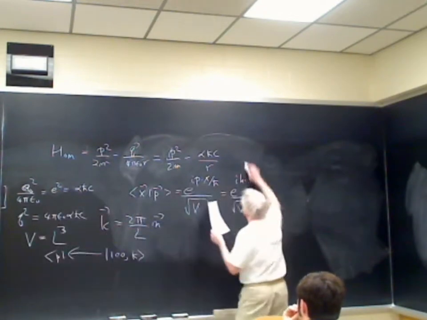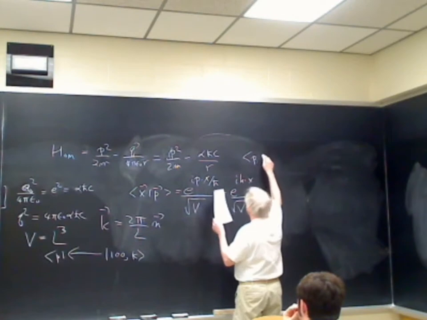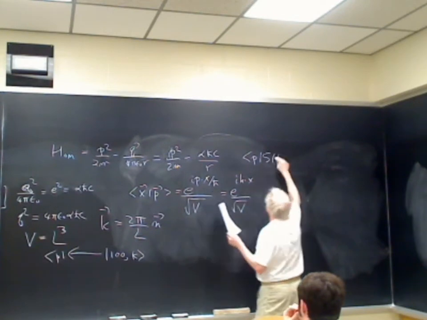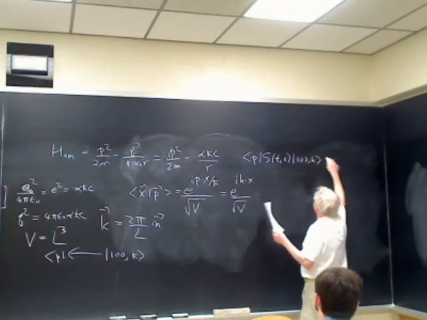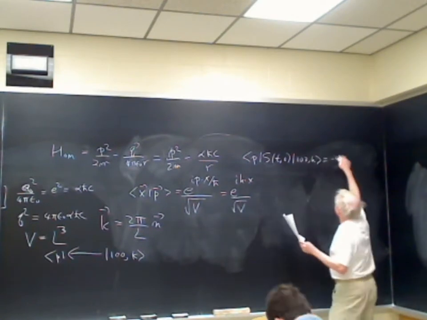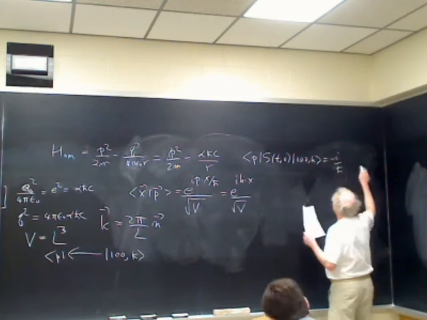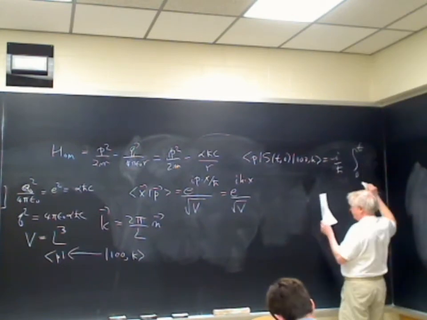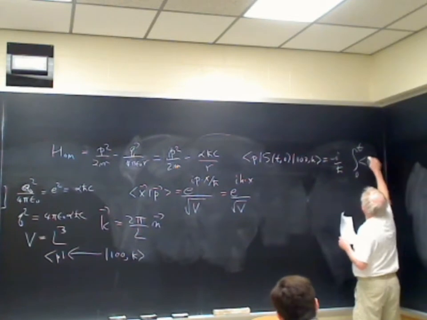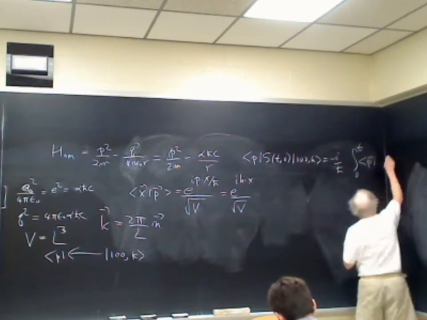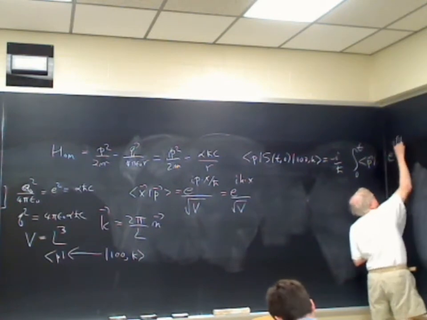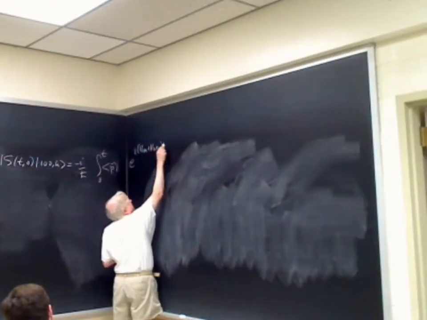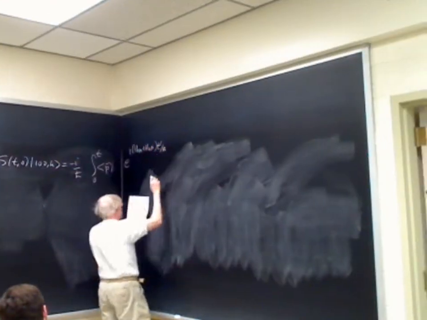And so what we have is the amplitude for the transition from 1, 0, 0, k to p, which is equal to minus i over h bar, integral 0 to T of the bra p, e to the i (H0 matter plus H0 field) t' over h bar.